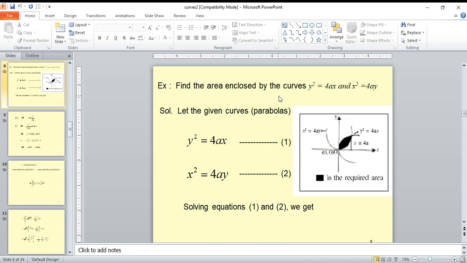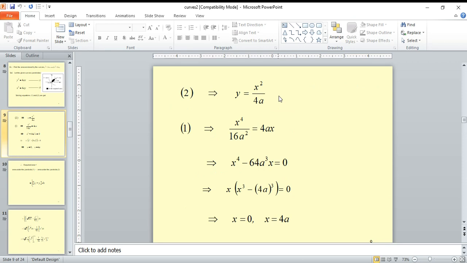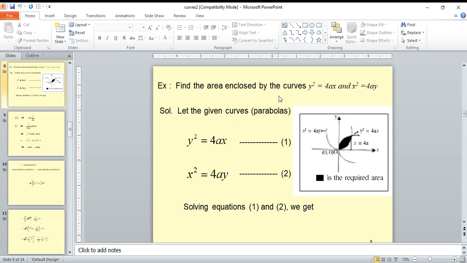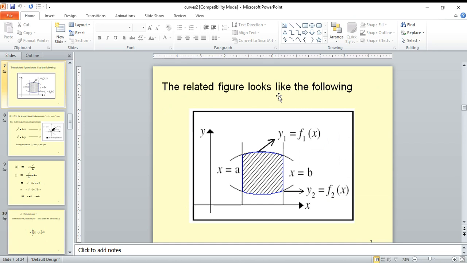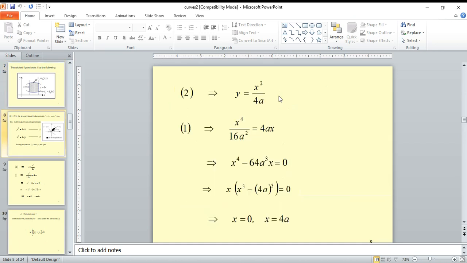Solving equations 1 and 2, from equation 2, y equal to x square by 4a. Substitute y equal to x square by 4a in equation 1.